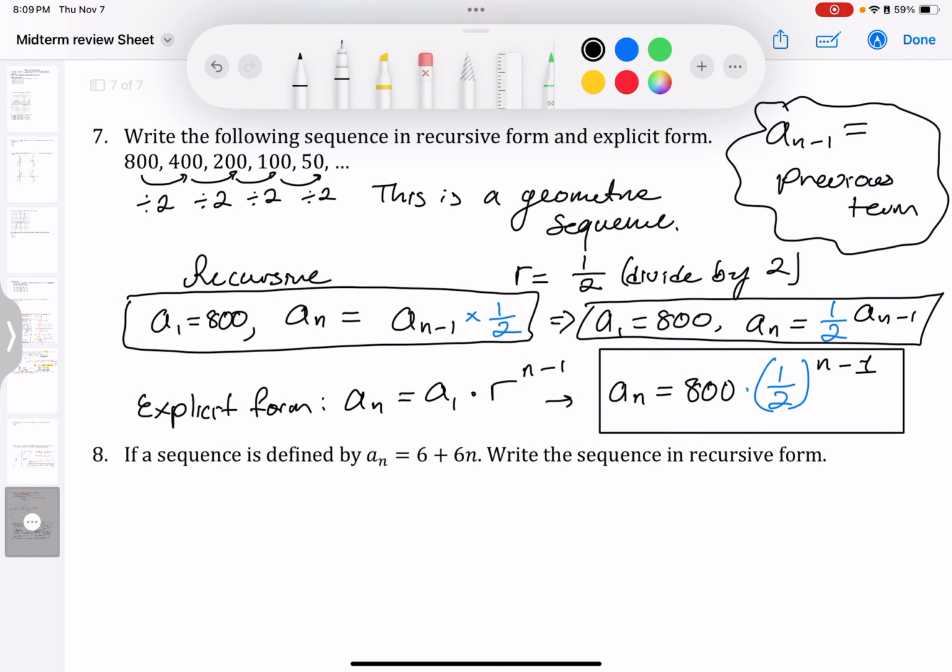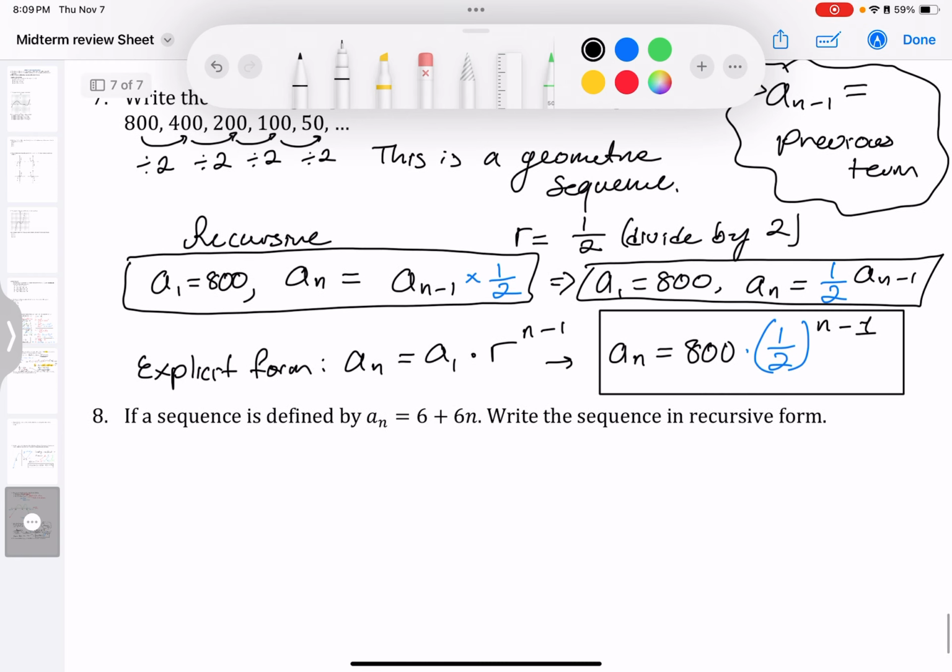Number 8, if a sequence is defined by a sub n equals 6 plus 6n, you want to write the sequence in recursive form. So first and foremost, it may be a little bit challenging to determine if the sequence is arithmetic or geometric. So let's find the first 4 terms if we can.